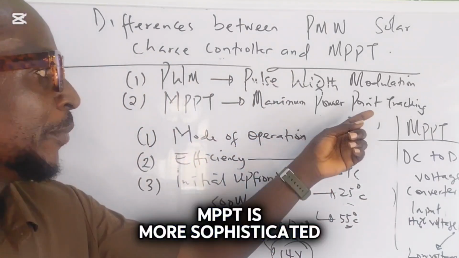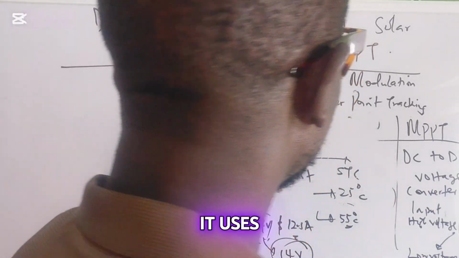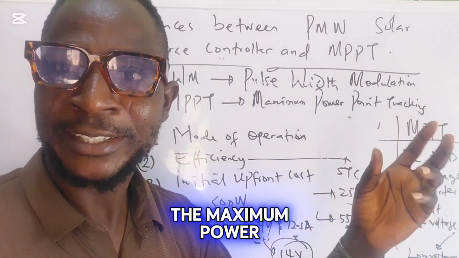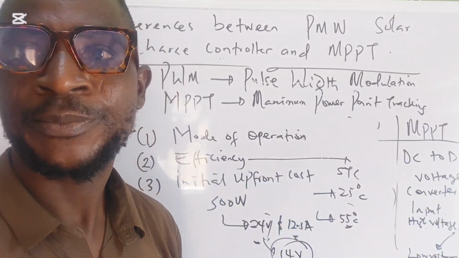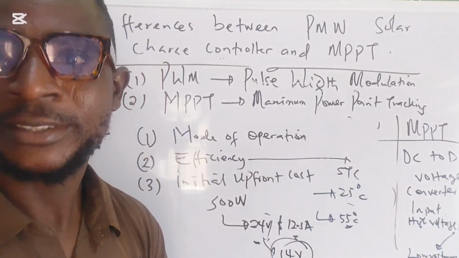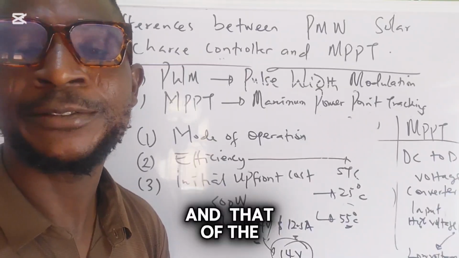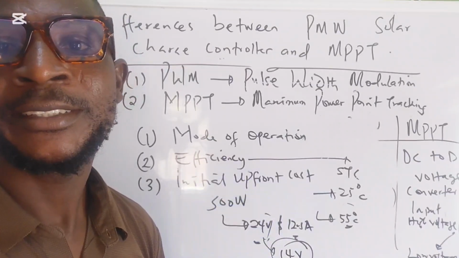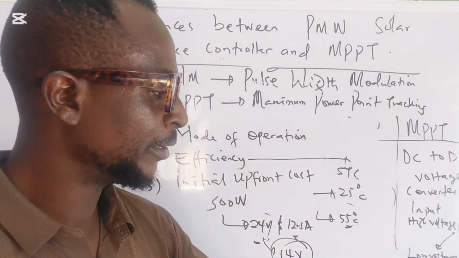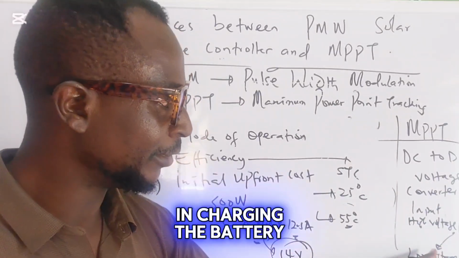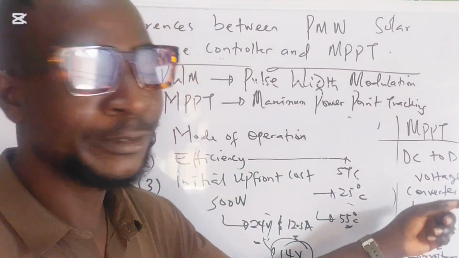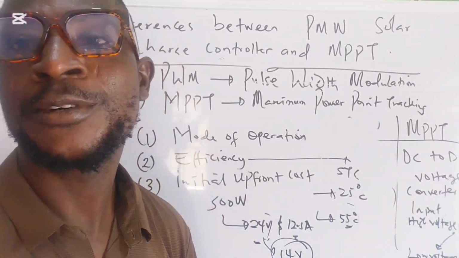Like I said, the MPPT is more sophisticated. It uses an algorithm to track the maximum power. Yes, it tracks the voltage, the maximum power and that of the current. The high voltage is converted to low voltage, which is used in charging the battery. Then the excess voltage is converted into current.